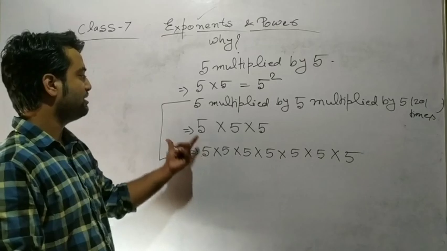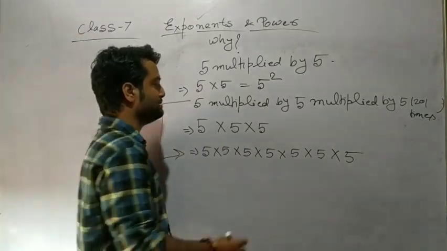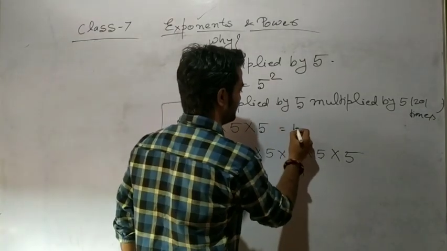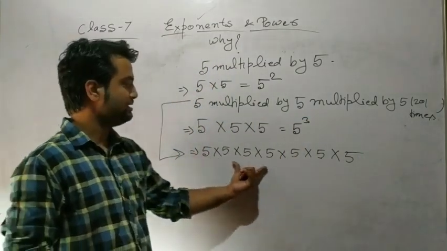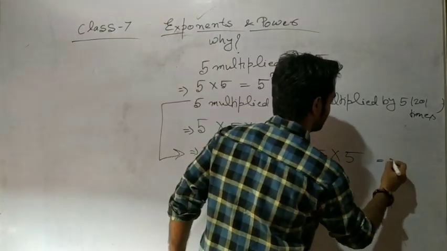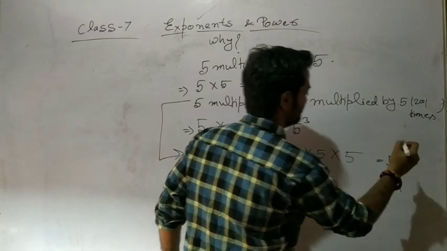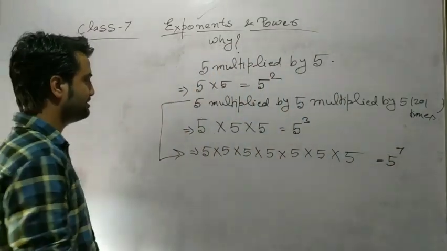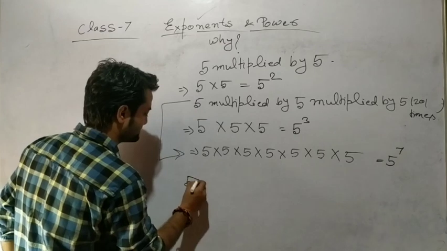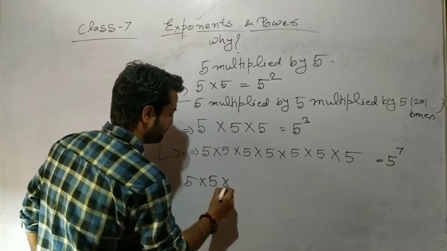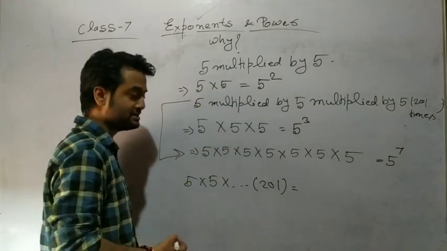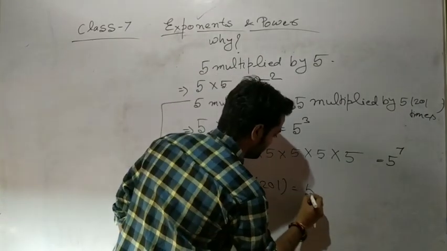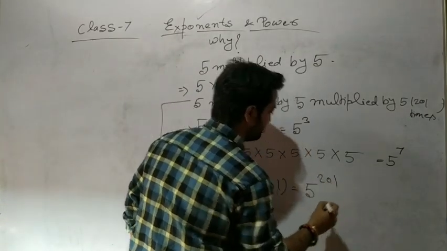Okay? 5 multiplied with itself 3 times is written like this in the form of exponents. 5 multiplied with itself 7 times is written like this, and 5 multiplied with itself 201 times can also be written very simply as 5 raised to the power 201.